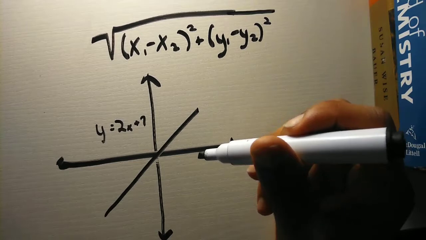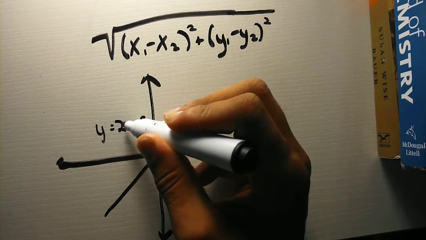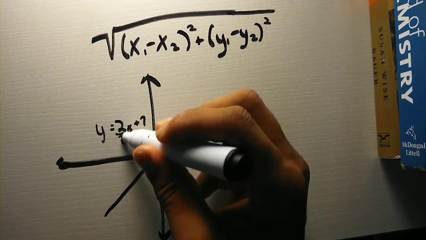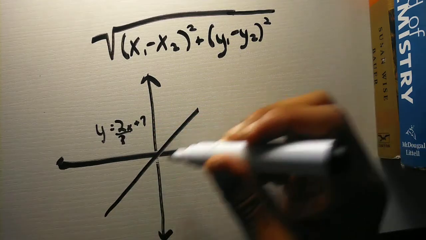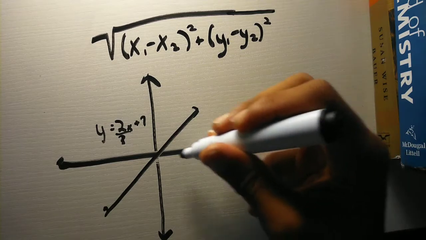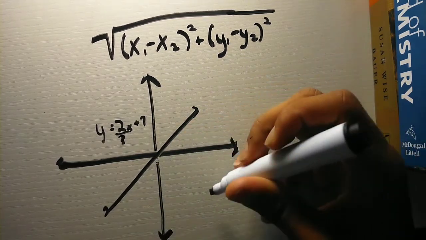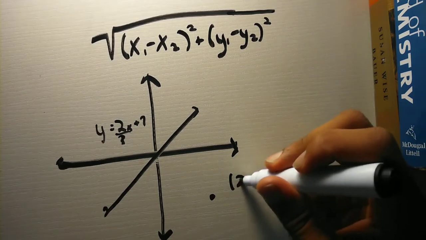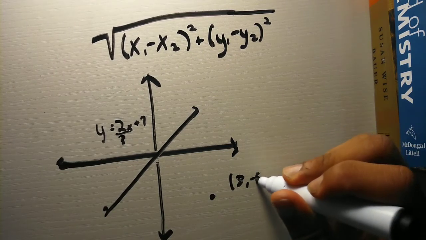And we know what a slope is now, right? 2 over 1 is going to be the slope of this line. And we want to know the distance between this line and this point right over here, which is 8, comma, negative 5.